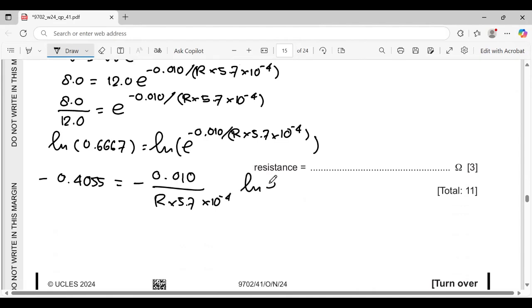Actually ln e equals 1, and it's going to be minus 0.4055.